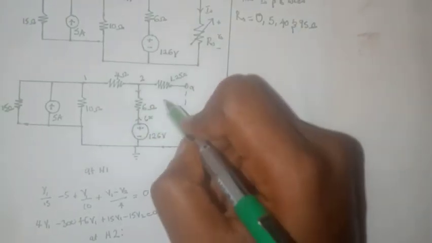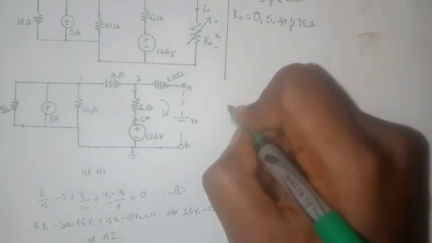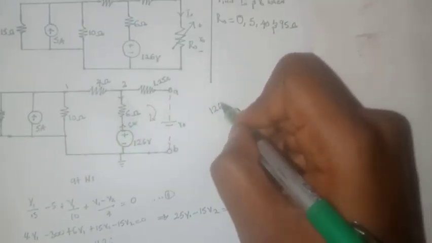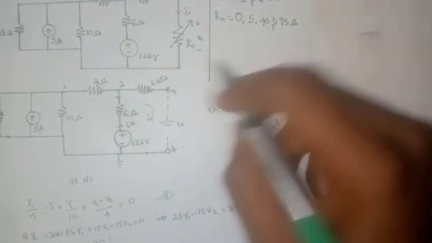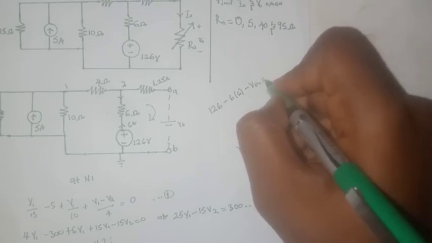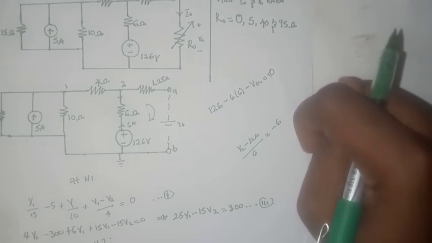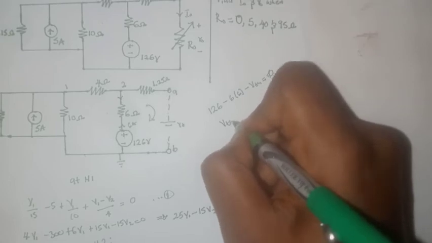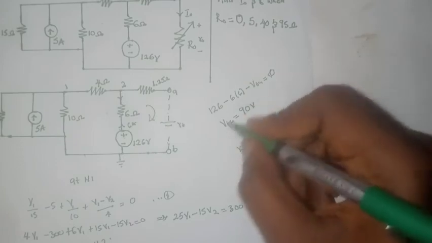So we can write a KVL equation in this branch: 126 minus 6 multiplied by 6, this is 0, minus VTH equals 0. And with that, we know that VTH is equal to 90 volts. So now we have the value of VTH.